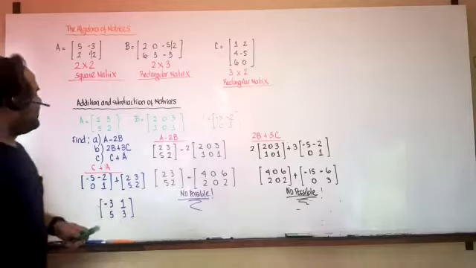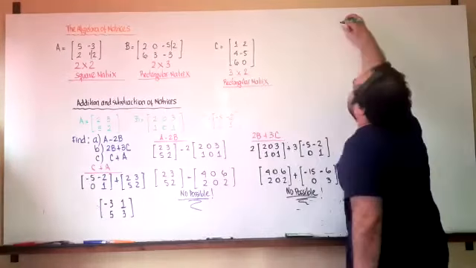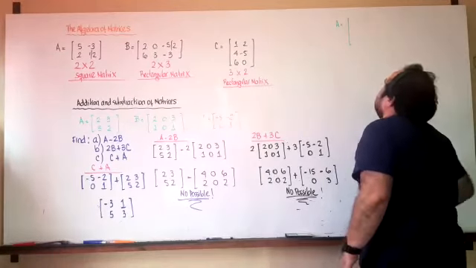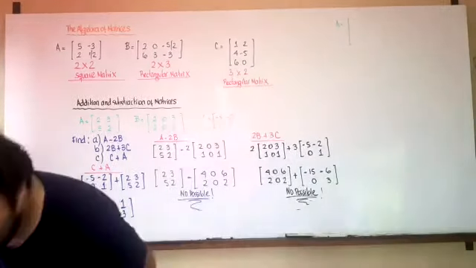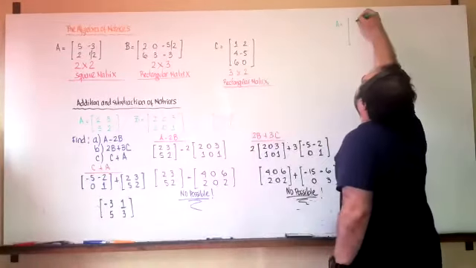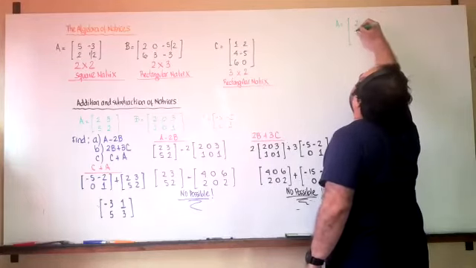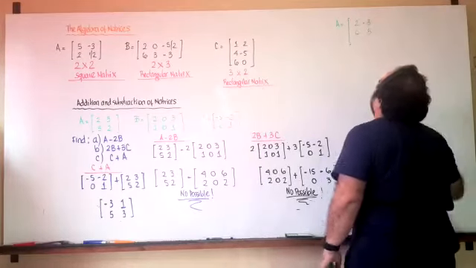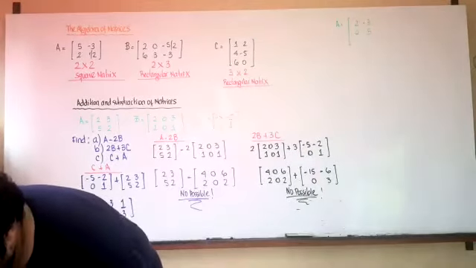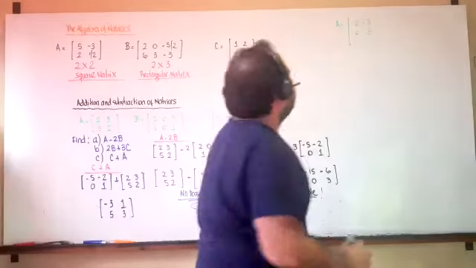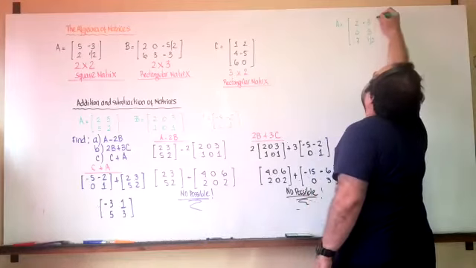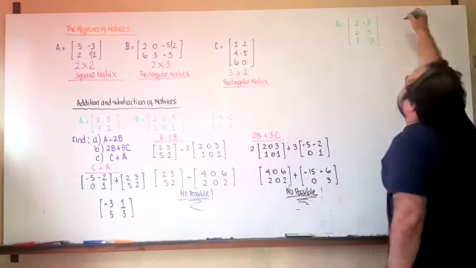We got matrix A equals 2, minus 3, 0, 5, 7, 1/2. This is the matrix A.